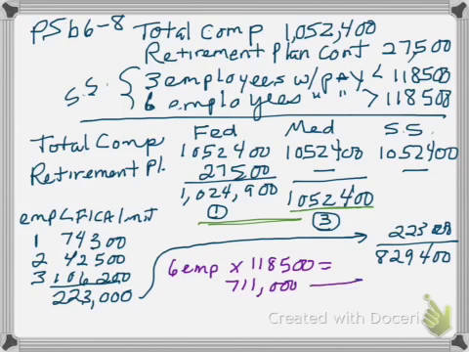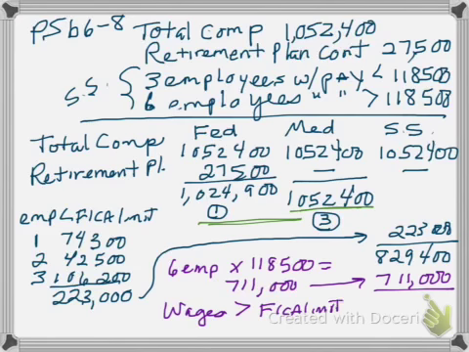If I subtract that, I end up with all my wages that were greater than the FICA limit, $118,400. I'm going to call this A.